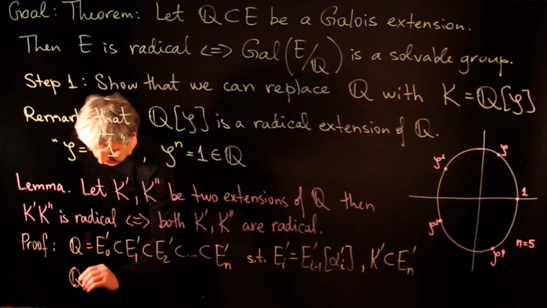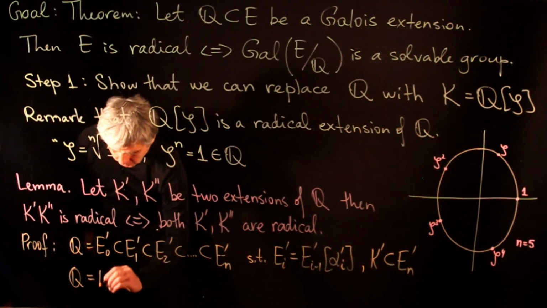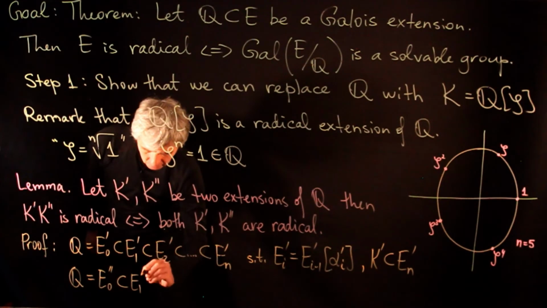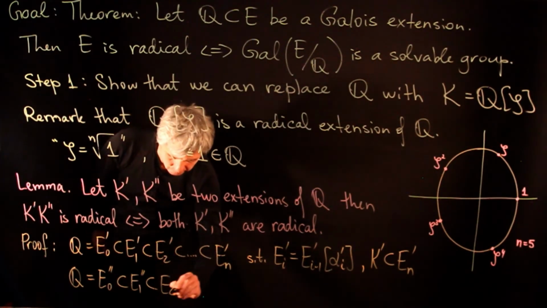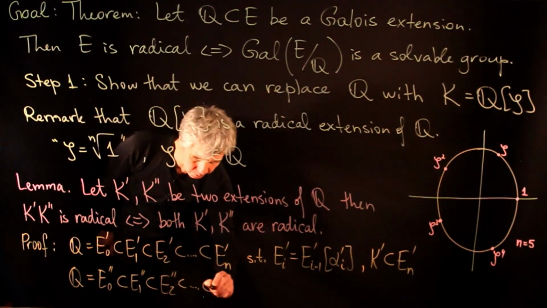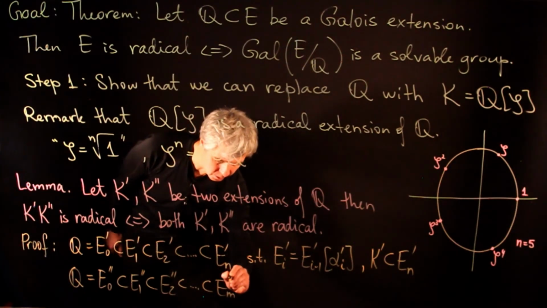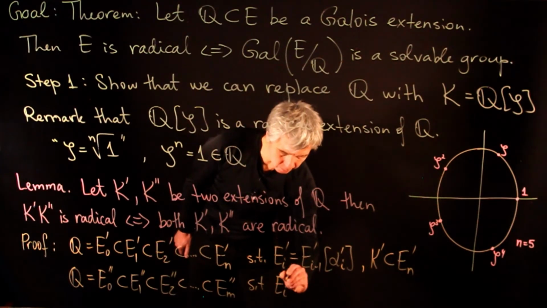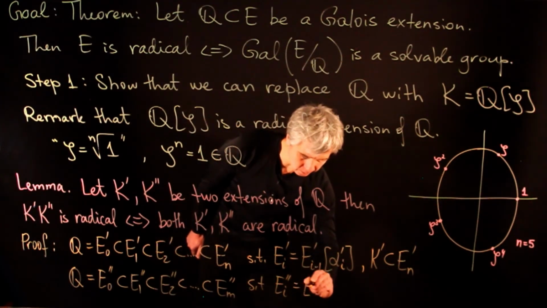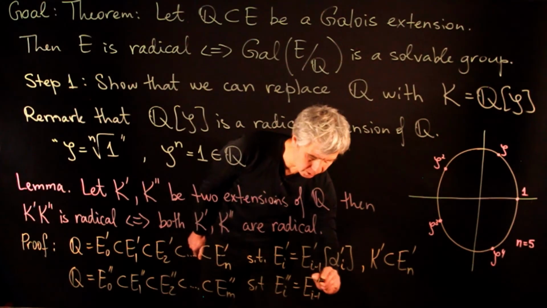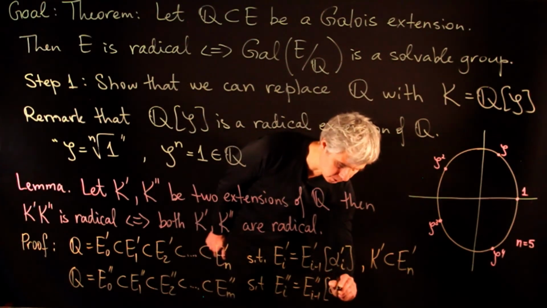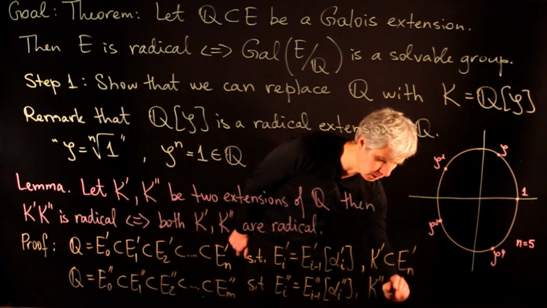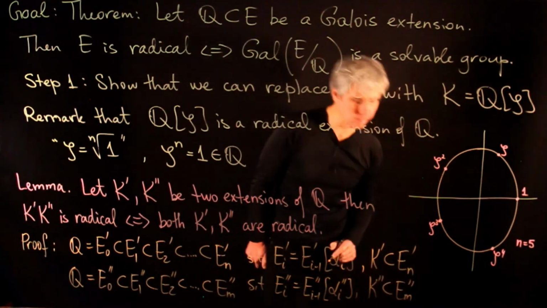Likewise, we have another chain. So Q is E0 double prime, which sits in E1 double prime, in E2 double prime, and so on up to Em double prime, such that Ei double prime is Ei minus 1 double prime extended with alpha i double prime. And K double prime sits in Em double prime.